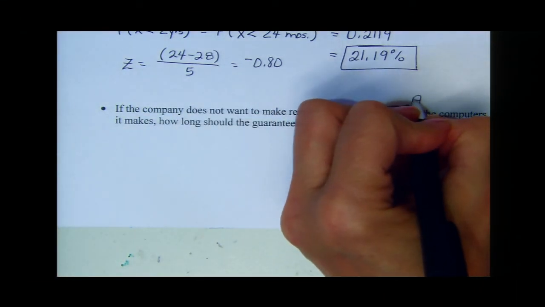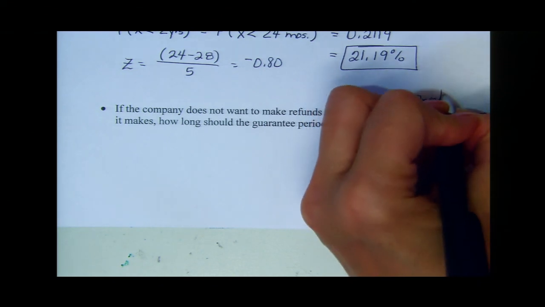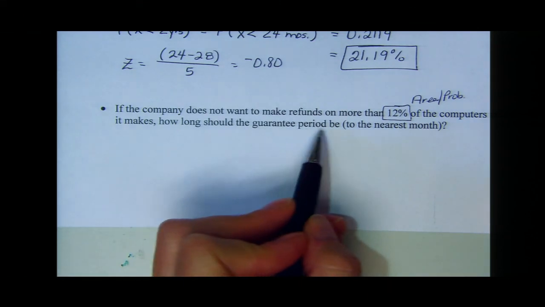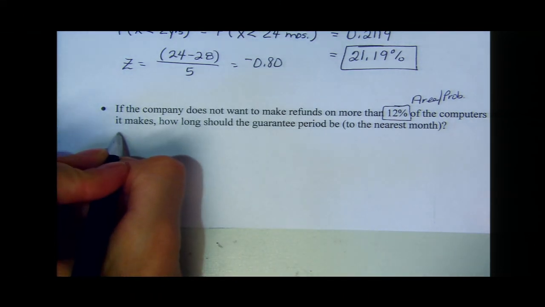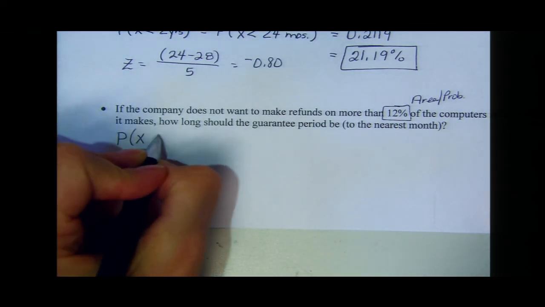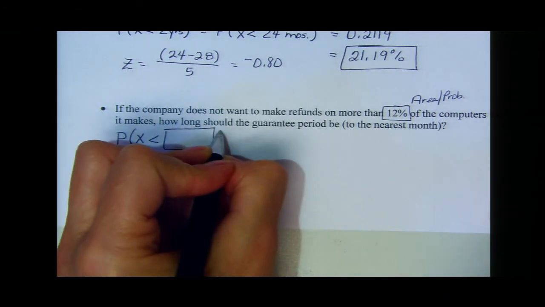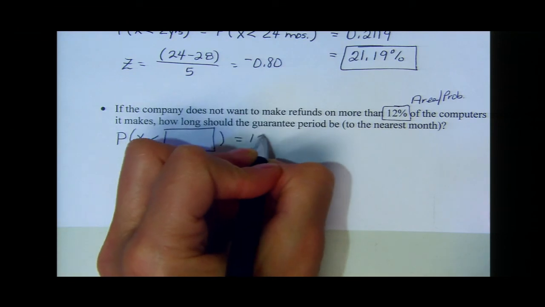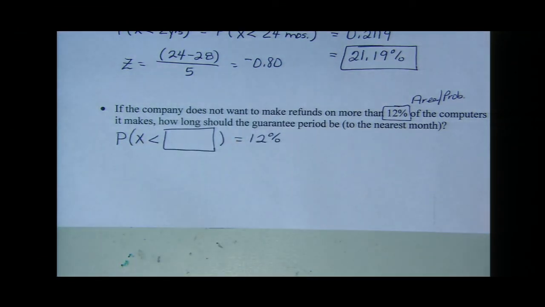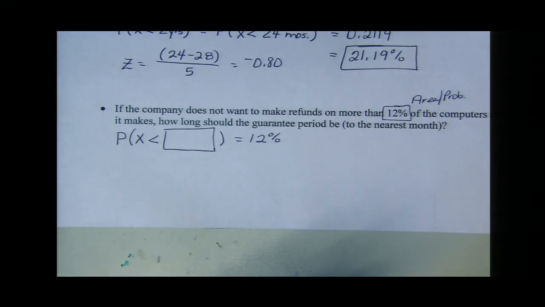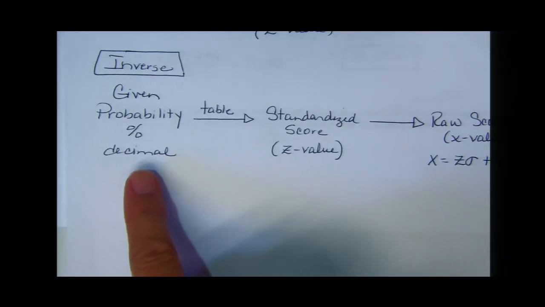So now they're giving me area, probability. How long should the guarantee period be? So now here they're saying the probability that X is less than what equals 12%.